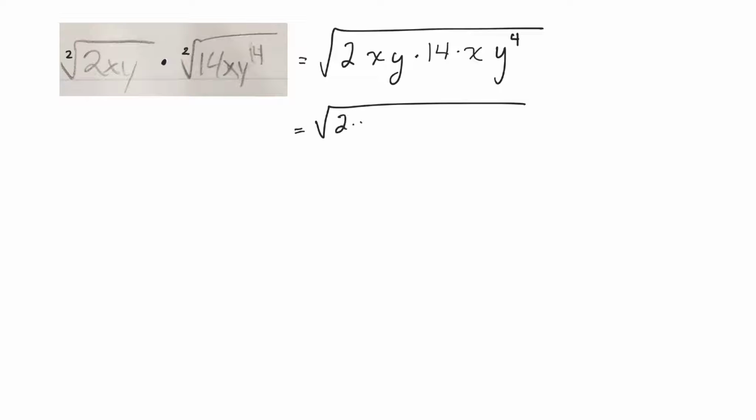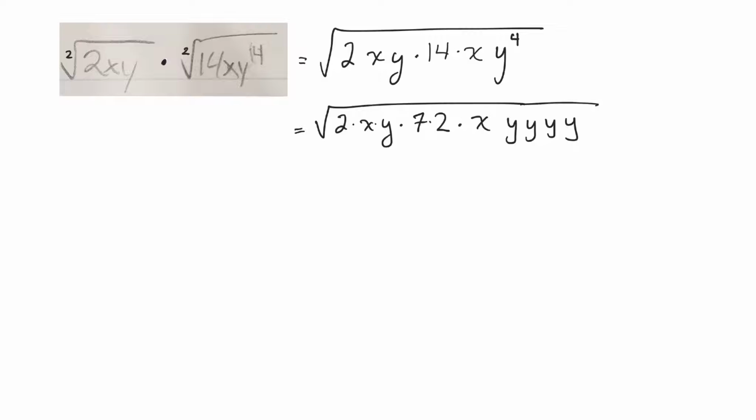But I can have 2 times x times y. 14 would be 7 times 2. There's another x, and then the y's, I'll just write them out. So if there's two things the same inside the square root sign, I can bring one out.